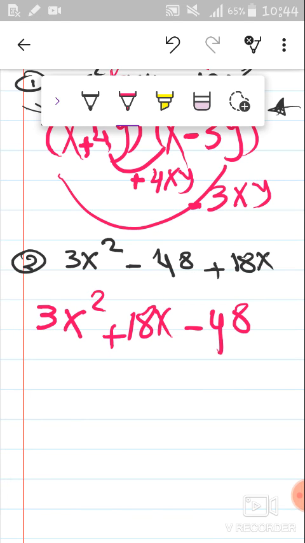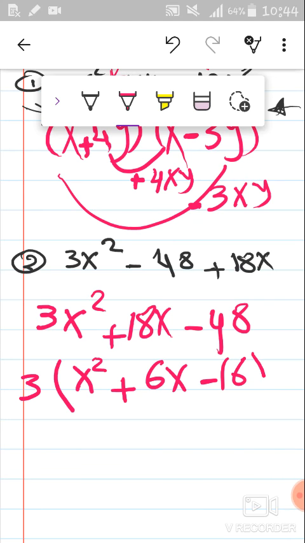Also, we have 3, 18 and 48, so we can take the highest common factor, which is 3. By taking the highest common factor and making a division, we get x squared plus 6x minus 16.